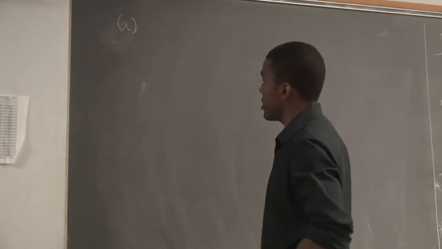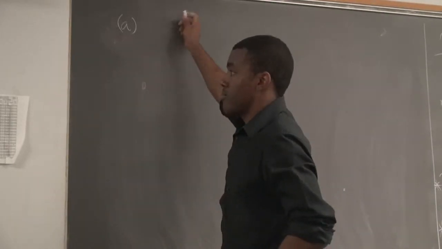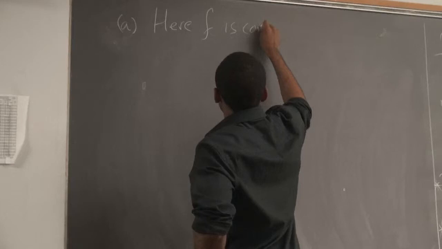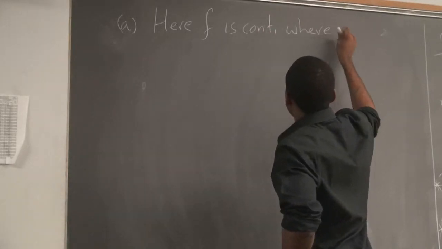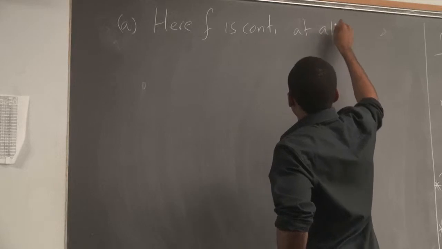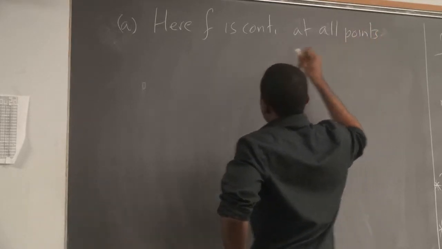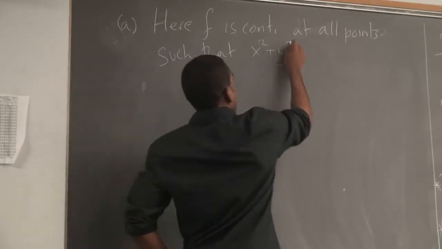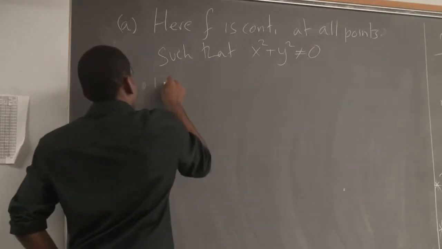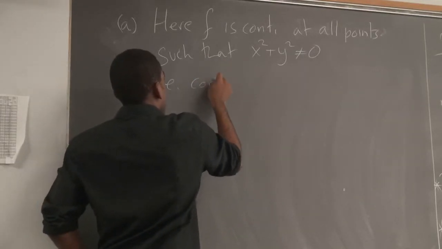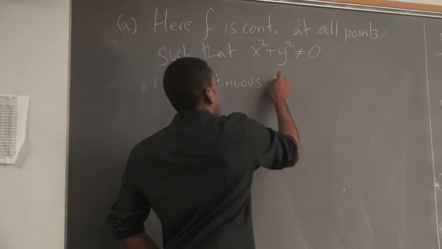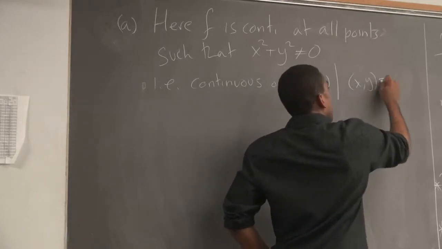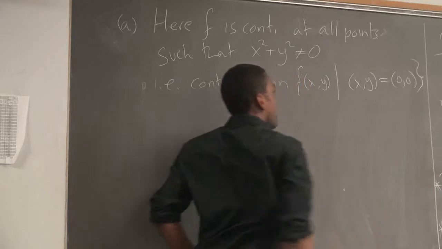Okay, where's the function continuous? All points except the origin. Here, f is continuous at all points such that x squared plus y squared is not equal to 0, i.e., it's continuous on the set of all (x, y) such that (x, y) is not the origin.